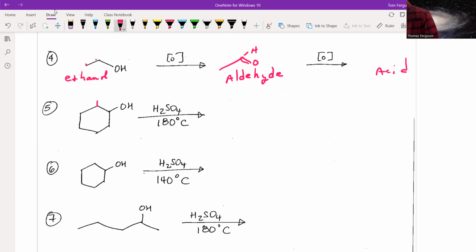One water is here. Another water is there on an adjacent carbon. Okay, because there are two waters available, that means theoretically we're going to have a mix.